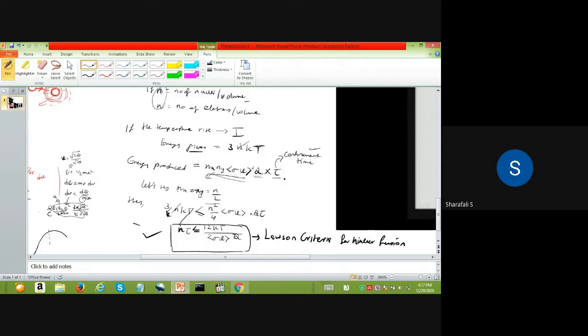So if this condition is not valid, the energy produced will be less than the energy given to the nuclear reactor for confinement and other processes. Okay, so we'll wind up here and continue from here in the next part.